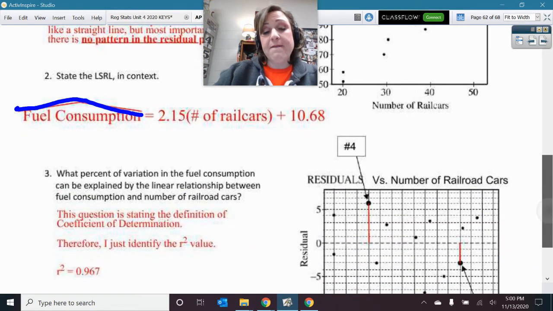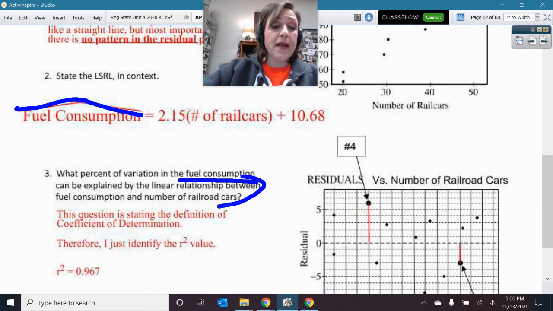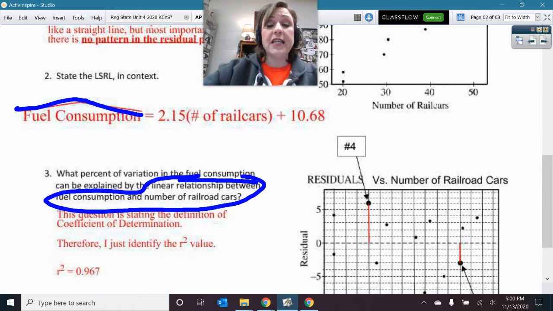Now, what percent of variation in the fuel consumption, that's the y, can be explained by the linear relationship between x and y? The idea here is you're supposed to hear that definition: the percent of variation found in the y that can be explained by the changes in the x, or by the model itself, which is the linear relationship between x and y.